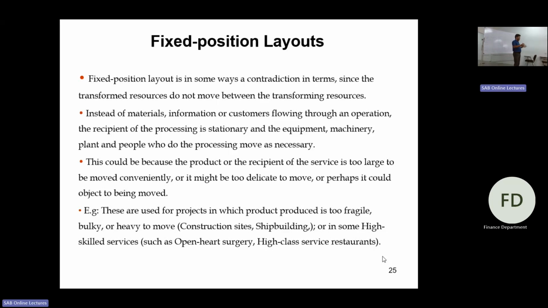Building construction requires a fixed position layout. All the equipment, machinery should be taken to the site and used in the operations. Read these two, you will understand it.